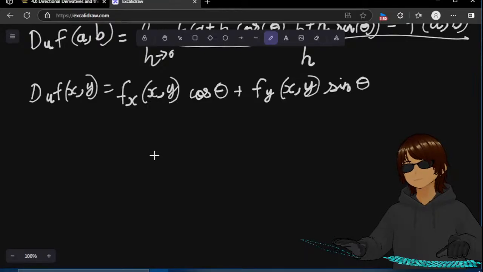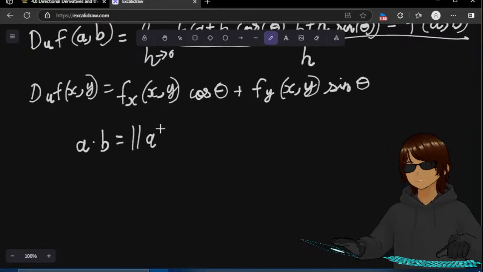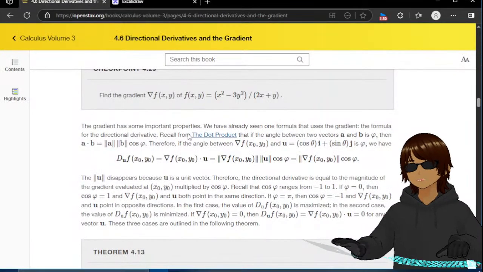Vector A dot product vector B is the length of A times the length of B times cos phi, where phi is the angle between the two vectors.